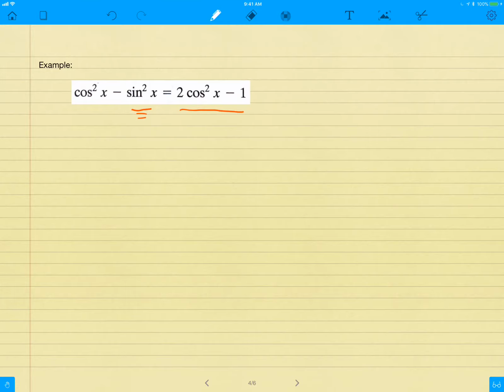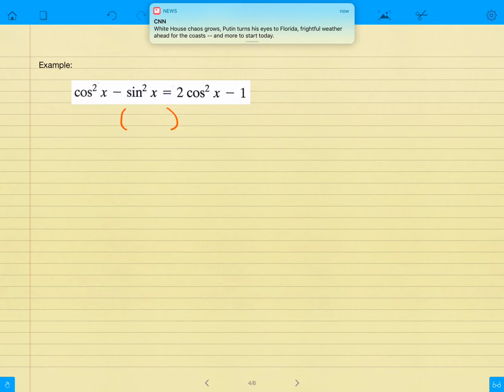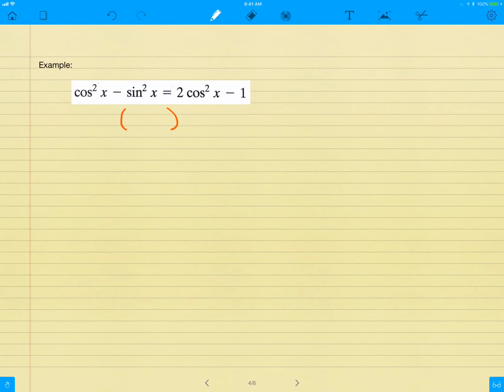So if we went back to my property sheet, which I'm not going to do here, sine squared could also be written as, so I'm going to put in parentheses, this can also be written as 1 minus cosine squared, because you can manipulate that Pythagorean identity. This is the same thing as sine squared. Now there's still the negative sign out front, and there's still the cosine squared out here. But that's the trick, that I'm substituting out sine squared with a manipulation of the Pythagorean identity, and this will help me out.